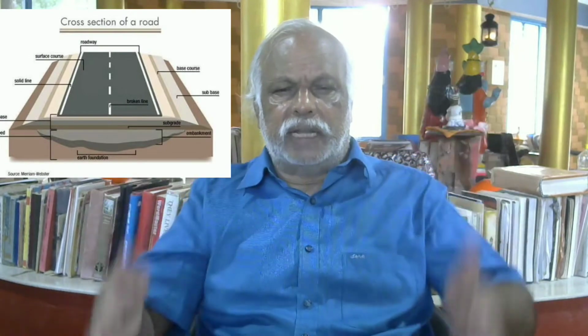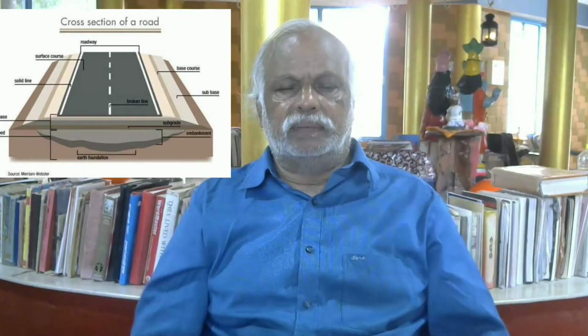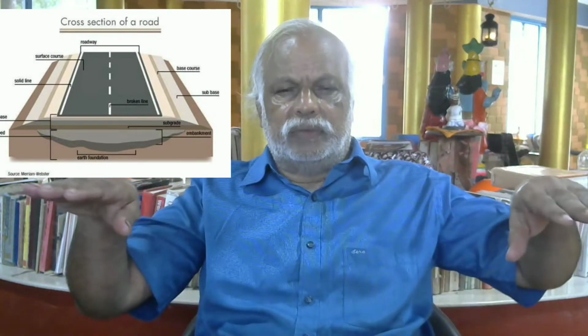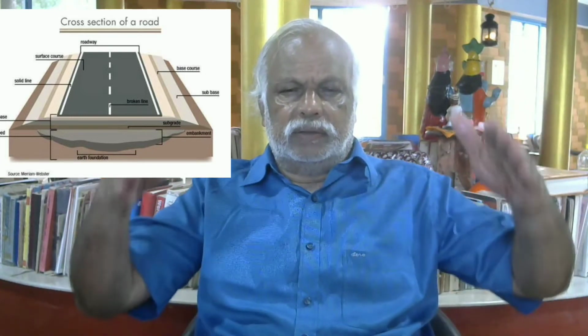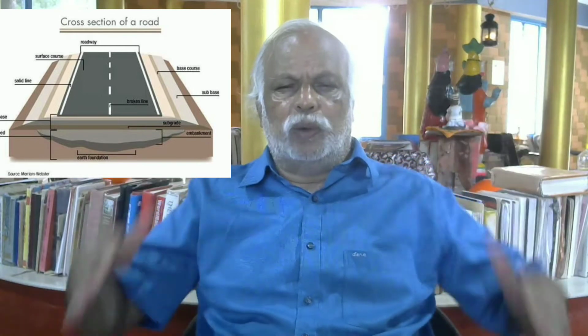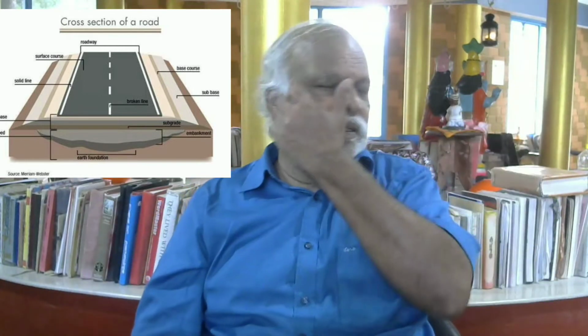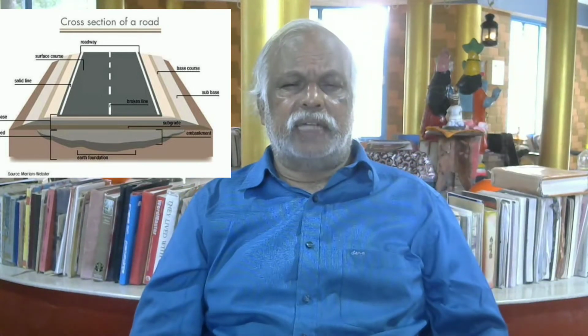Usually, if you see the road cross section, the sides will not be exactly vertical. The sides will be a trapezoid to take care of the stability of the slope, because these are all loose materials. Even though they are compacted, there is a chance of these materials sliding down because of lack of friction, to be more precise.